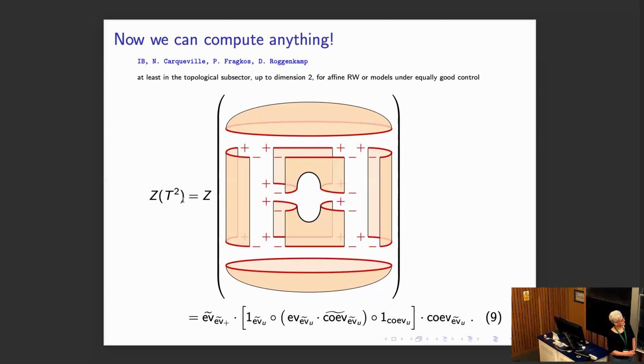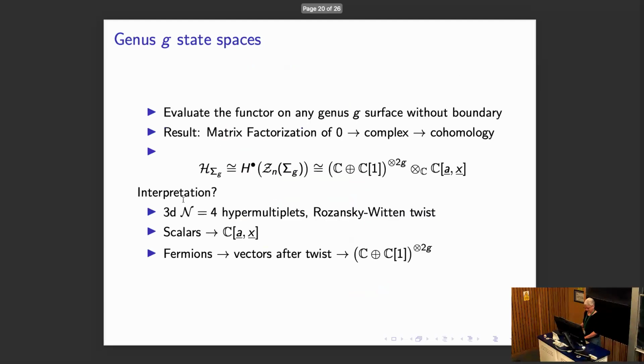So this lower part here is some co-evaluation, and then this part in brackets is like these cylinders are identities, and then there's saddle and inverted saddle and so on. Since we have our target category under complete control, we can just evaluate this composition. And now here's what comes out.